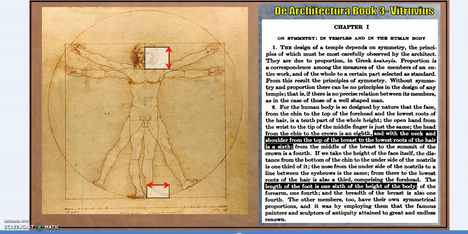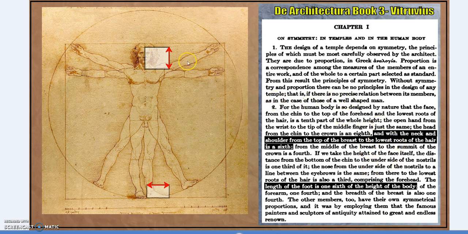And it was beginning with Vitruvian Man, where he talks about the ancient Roman architect Vitruvius, who talks about temple symmetry, and essentially that there should be a precise relationship between its members, as in the case of those of a well-shaped man. Architecture, man is a measure of all things.